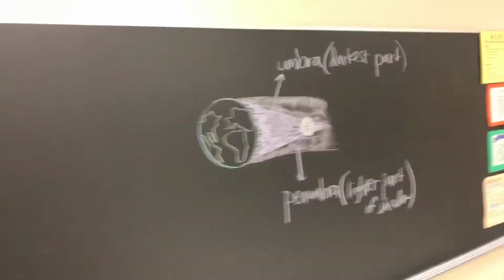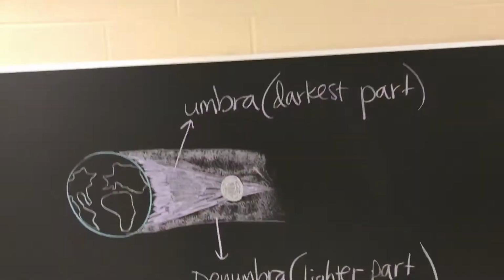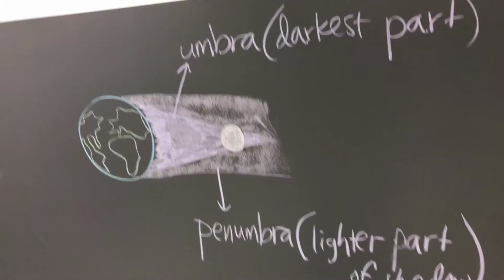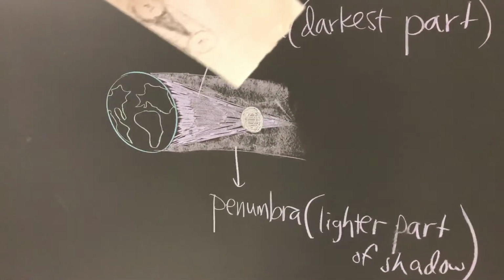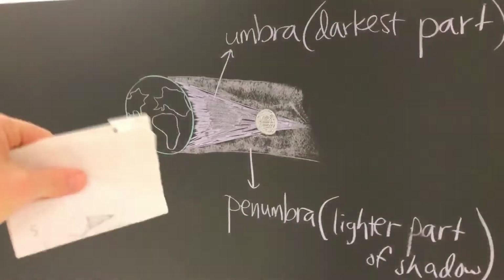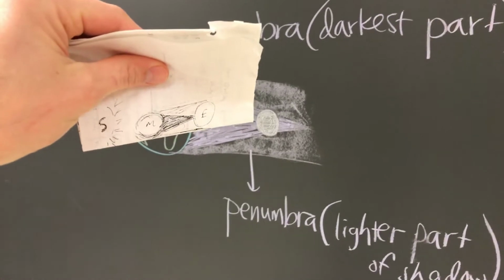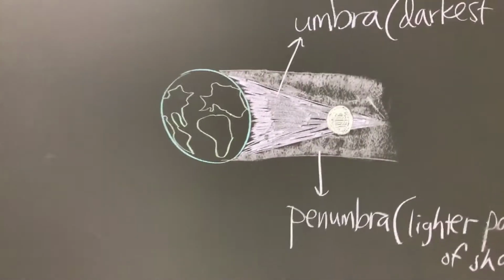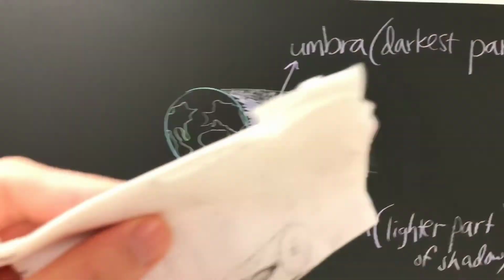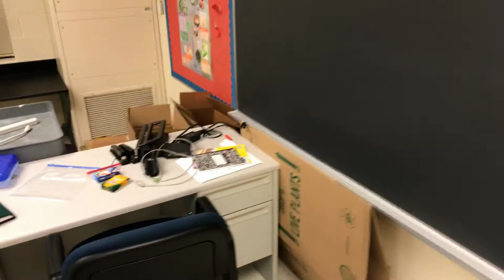And this is just something I sketched yesterday a little bit. So the umbra is the darkest part of the shadow, and then your penumbra is kind of the outer edges, and that's the lighter part. If you're in that middle part right here, we're in the darkest part of the shadow, that's where you get your total solar eclipse or your total lunar eclipse in this case, in that example.